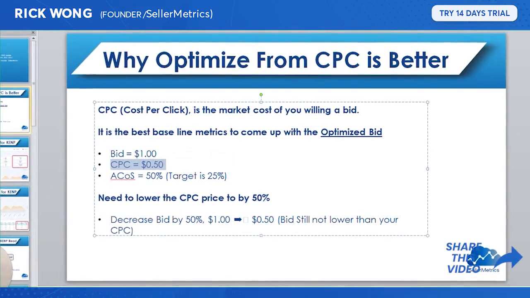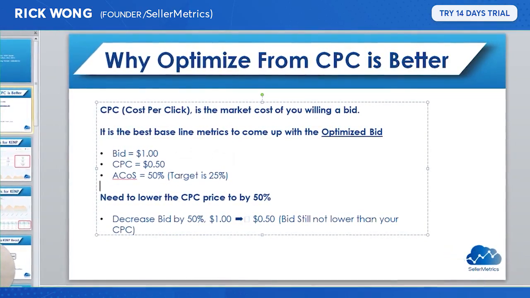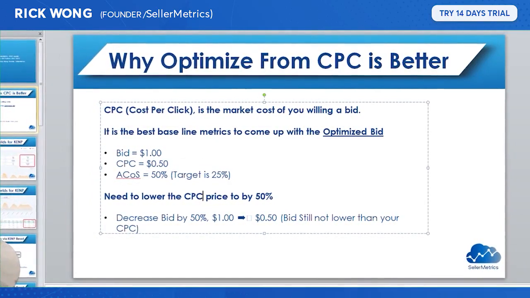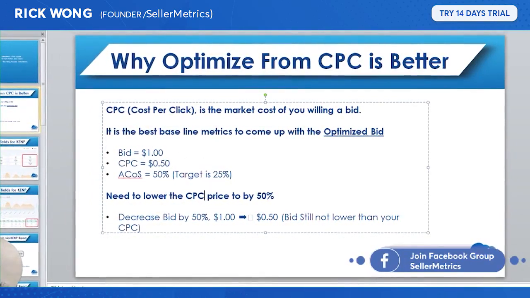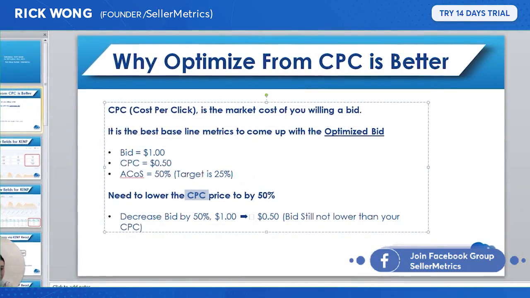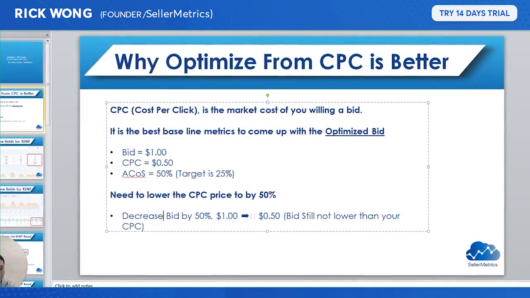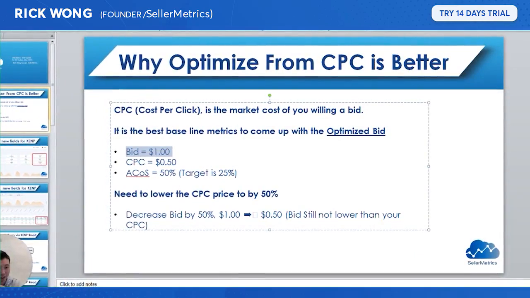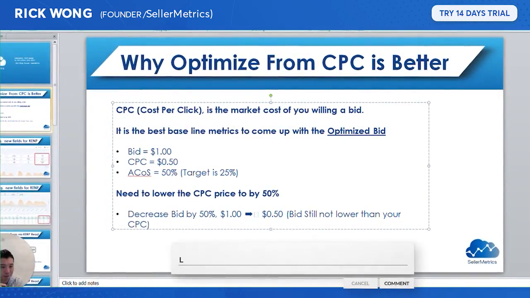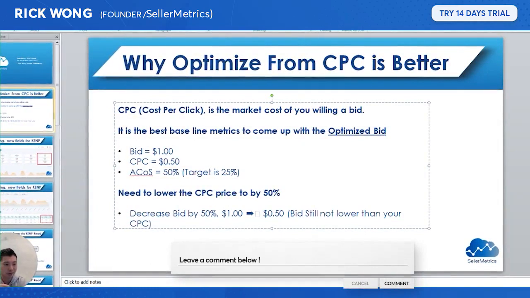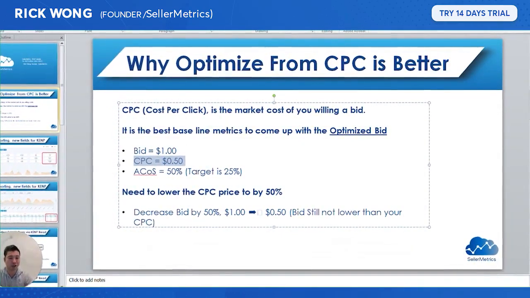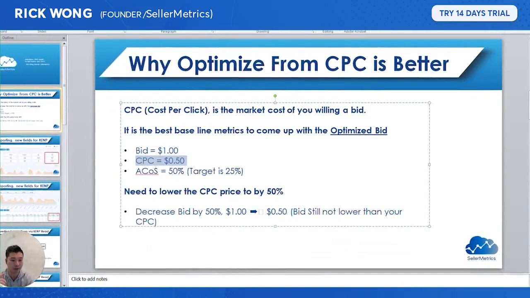If our current ACOS is 50% and our target ACOS is 25%, then the logic is that you would need to lower your cost per click by 50%. If you decrease the bid by 50%, your bid is 50 cents, and your current cost per click is also 50 cents, so that's just not going to move the needle in terms of ACOS.